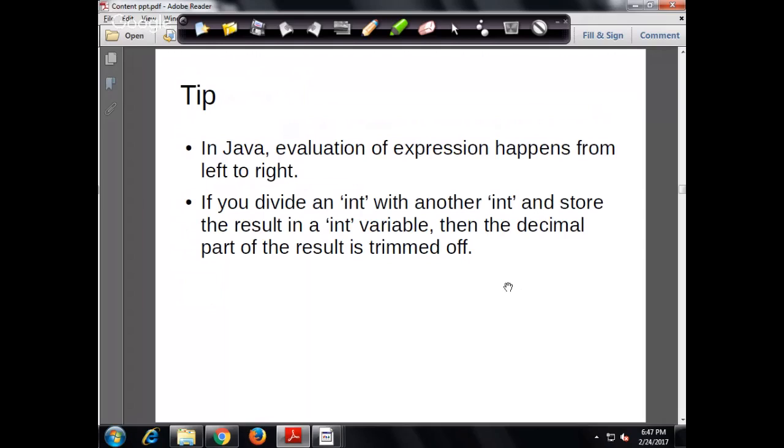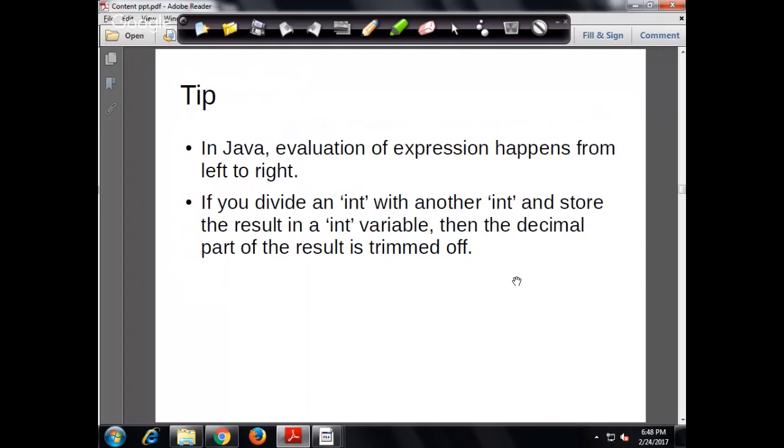There are 2 tips here. The first tip is about evaluation of expression, and the second tip you have already seen in the previous question, but it's displayed again.